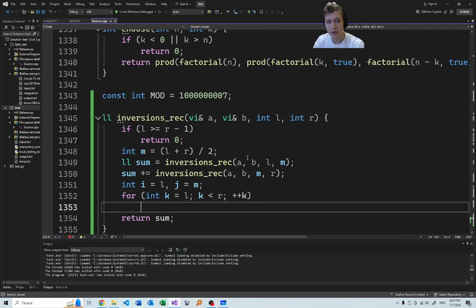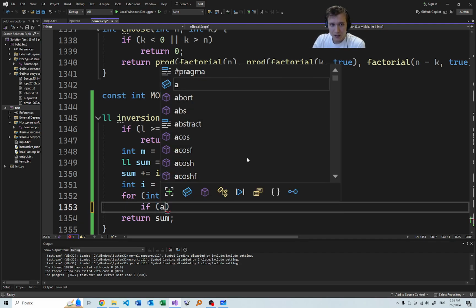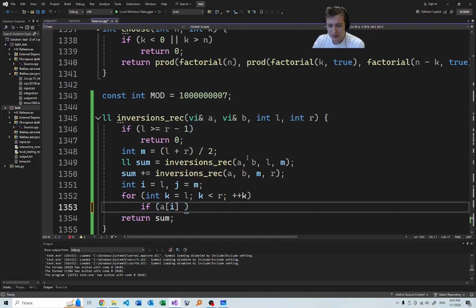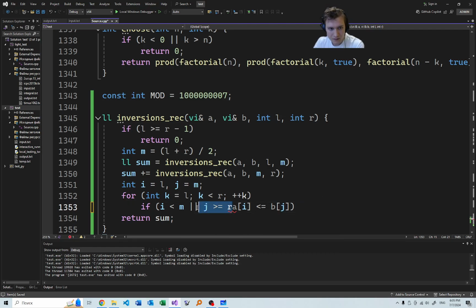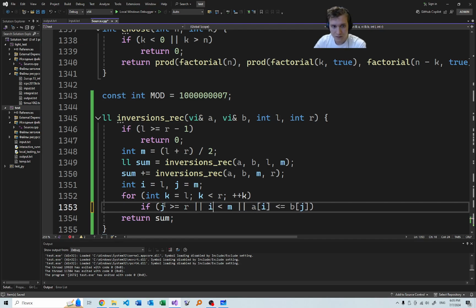So what do we do? We either take the left element or the right element. How do we choose between left and right? So if AI is less or equal than BJ, then we want to take the left element. But before that, we need to check that I is less than M or J is at least R. Okay, in this case, we can take the left element.